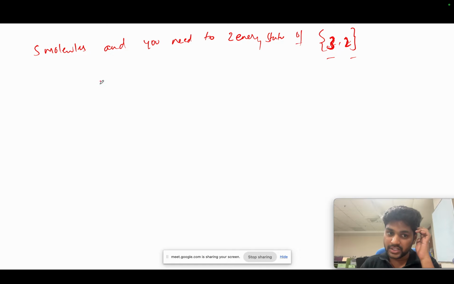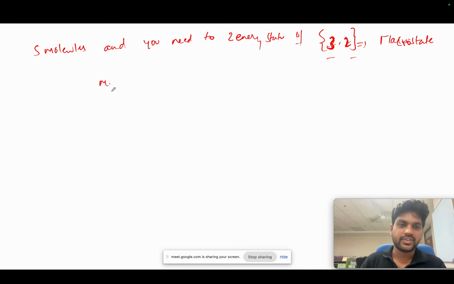So how many microstates can you get? We have taken one macro state. Macro state means we are assuming that there are 3 molecules here and 2 molecules there, and now how many microstates can we fill?